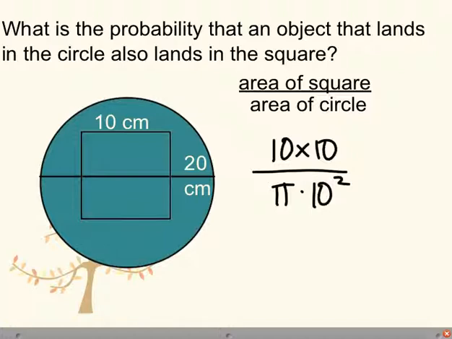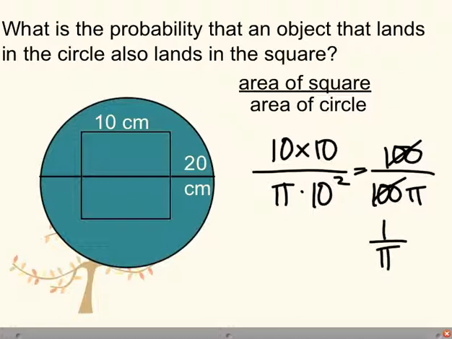We get 100 over 100 pi, the hundreds cancel out, and I end up with a 1 over pi probability of getting in there. It's 1 over 3.14 and so on, meaning it's like 1/3 of a chance to get in the square if you hit the target.